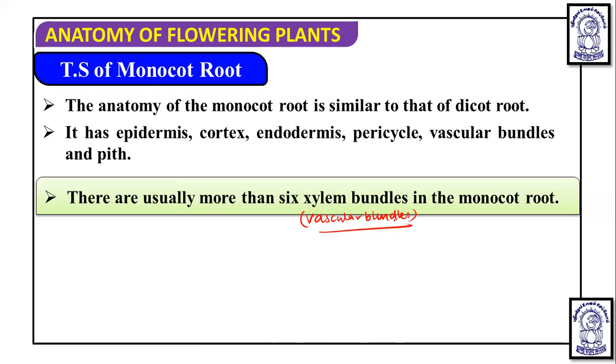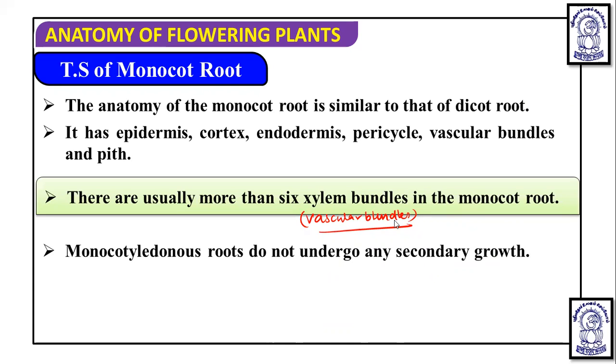We call this more than hexarch condition in the monocot root. As in the diagram, 8 vascular bundles are given.